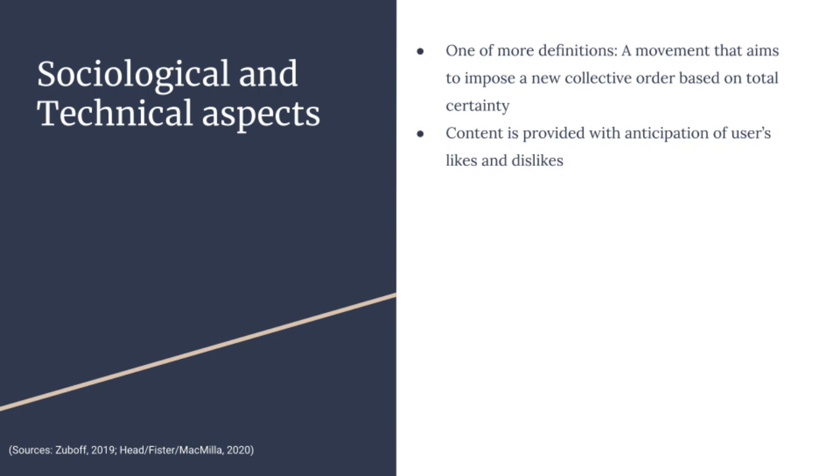Otherwise, the algorithms can and will radicalize users by showing them information and opinions with which they already agree or with which they strongly and emotionally disagree. Another problem is that algorithms don't function transparently, so nobody can be sure how exactly they work and what they will look like in the future.